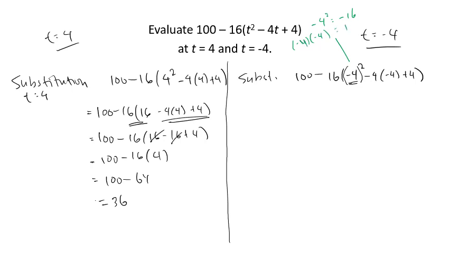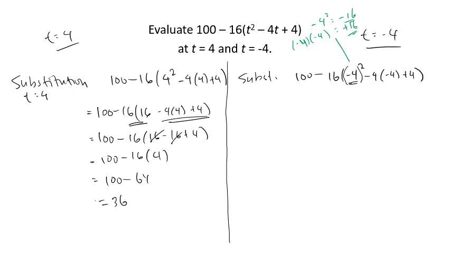And so that gives me a positive 16. So whether or not you include this parentheses is going to make a difference in whether or not you include that negative in the square, which is going to make the difference between whether your answer is positive 16 or negative 16, which throws this answer off completely. So it's a huge difference between the two.